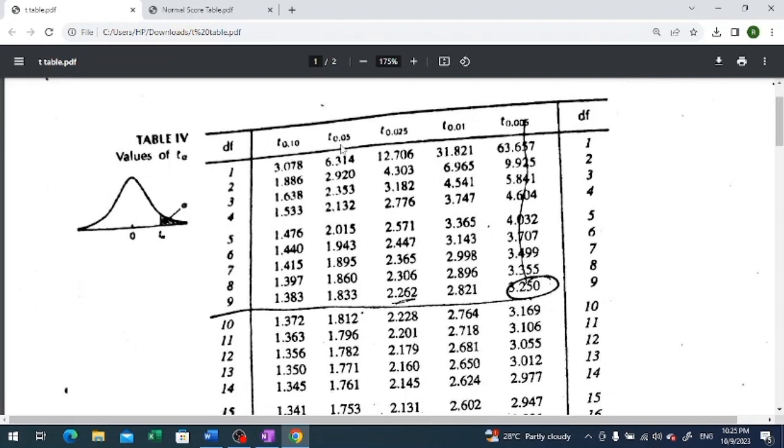Similarly, if we consider the central 90% area under the curve, which refers to the 90% CI, the remaining 10% we equally divide to two tail regions, and this is how we get 0.05 or 5% area in each tail. So this represents the set of t values corresponding to 90% confidence interval. Now move to the next column.